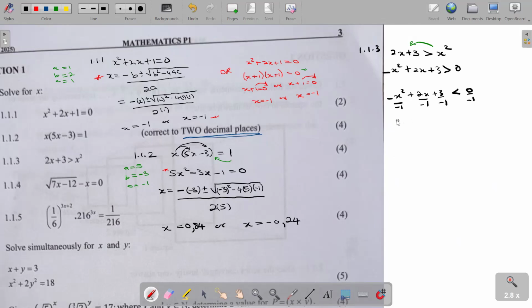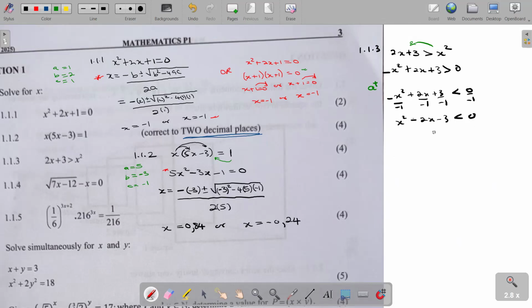So we are left with x squared minus 2x minus 3 less than 0. I always recommend that your A be positive. But always remember, if you divide or multiply by a negative, when dealing with inequalities, the inequality sign changes.